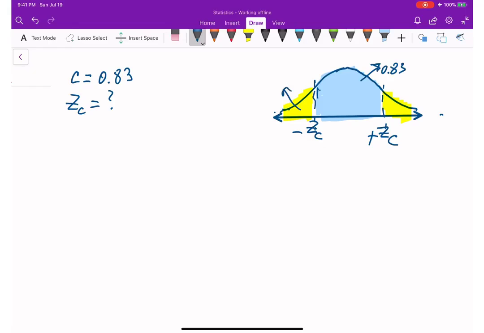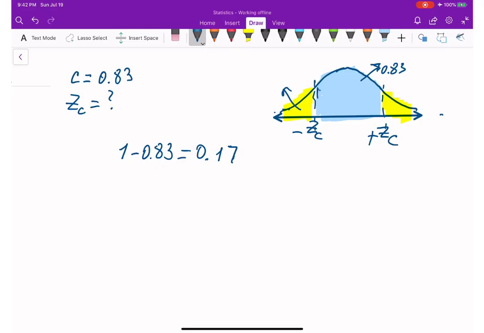How am I going to find it? We know that the entire area is 1, or 100%. So 1 minus 0.83 is going to be 0.17, or 17%, correct?